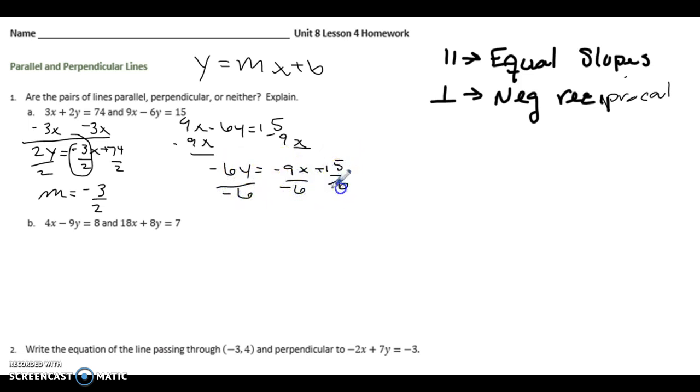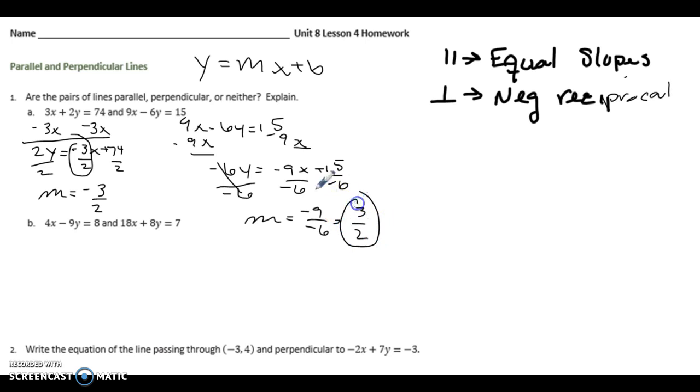And so when I divide by negative 6 here, my slope is negative 9 over negative 6, which then reduces to a negative over negative is a positive, and 3 goes into both of these, so it's 3 over 2.